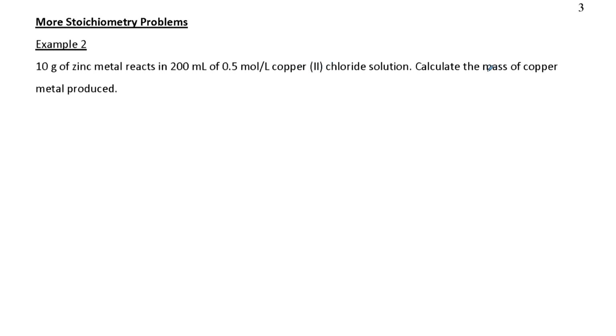So we're looking for what mass of copper metal is produced. We still want to break apart our two reactants and convert them into moles. In the case of zinc, because it's in grams, I just convert it to moles using molar mass.